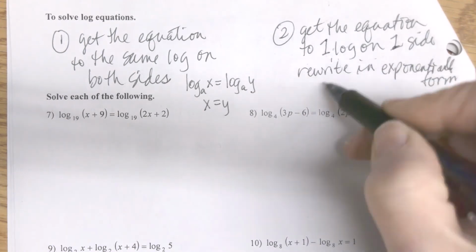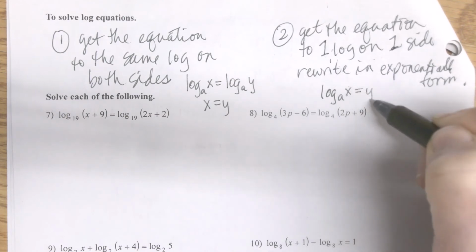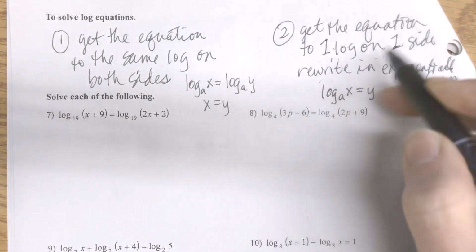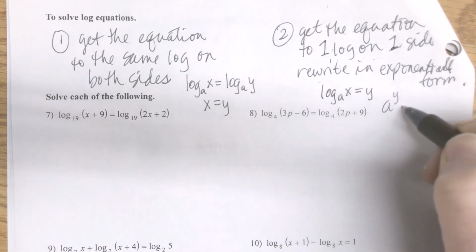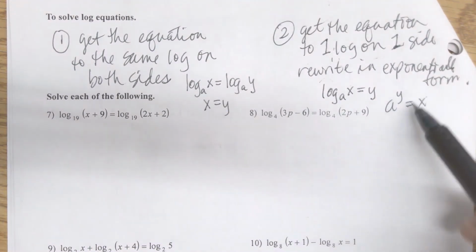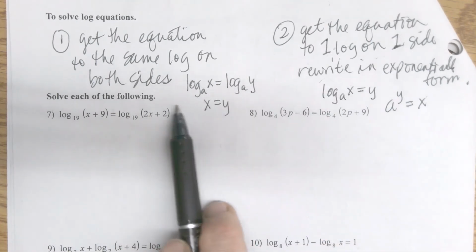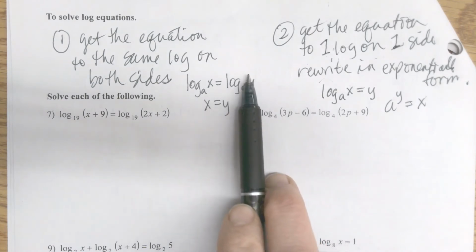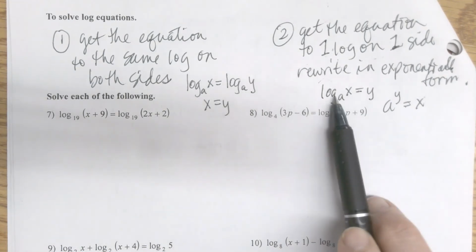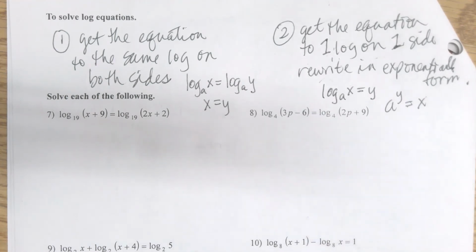What that would look like is I have the log base a of x equals y, so I have 1 log, and then I can write it in exponential form and solve. So that's a to the y equals x. And that would be a method to solve those equations. So the 2 different options are get it to 1 log on one side, 1 log on the other side, and then drop the logs, or get it to 1 log on one side, and write it in exponential form.